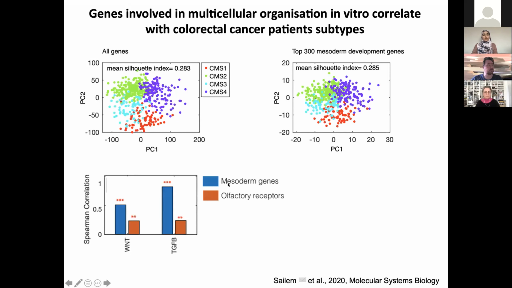I also found that mesoderm genes and olfactory receptors are correlated with TGF-beta and Wnt signaling in patients, which confirms what I found in vitro, that perturbing these gene sets also results in similar phenotypes.